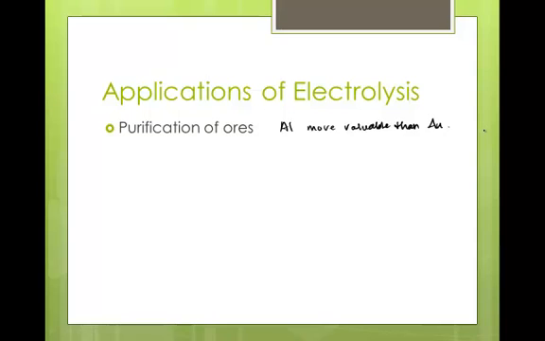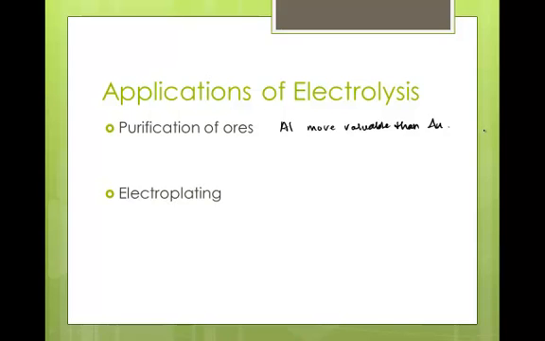Same with copper. Copper is also removed from ores by electrolysis, which can yield pure copper, and we can use copper to cover the roof of a building or something else. So pieces of copper and other metals are often extracted from their ores using electrolysis.